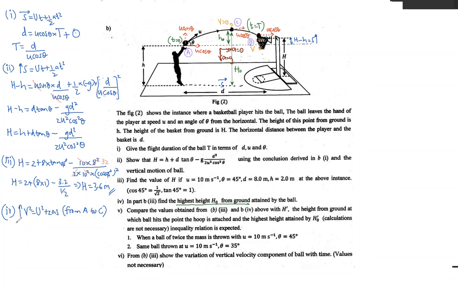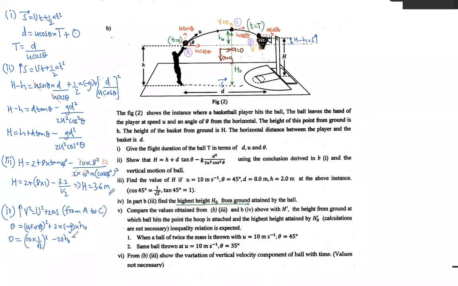Final vertical component of velocity is 0 at C. Initial velocity is u sine theta, the whole thing squared, plus 2 into, for a I have to put minus g, into, for s I have to put simple H naught, as indicated in the diagram. So 0 equals u is 10, sine theta is 1 over root 2, because it's sine 45, squared, minus 20 H naught.